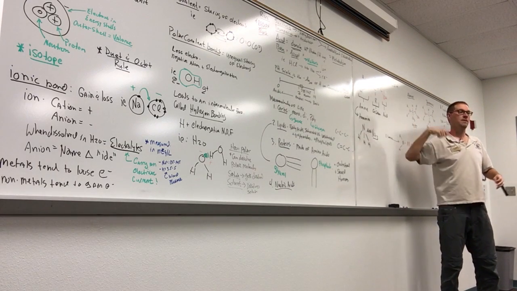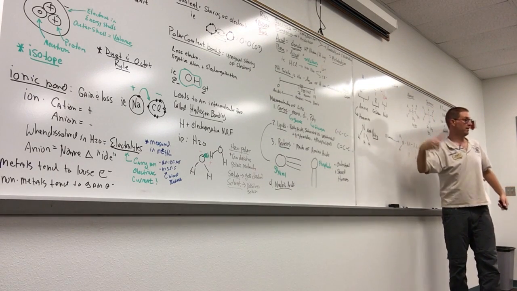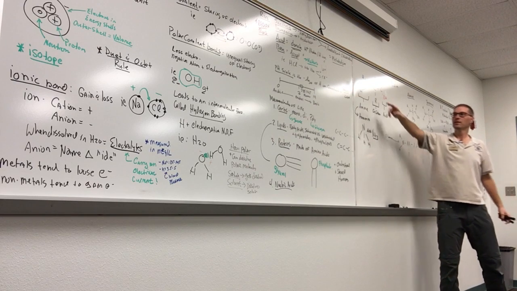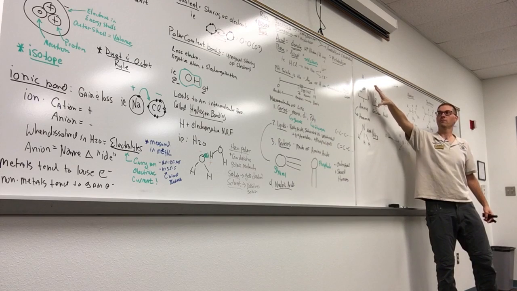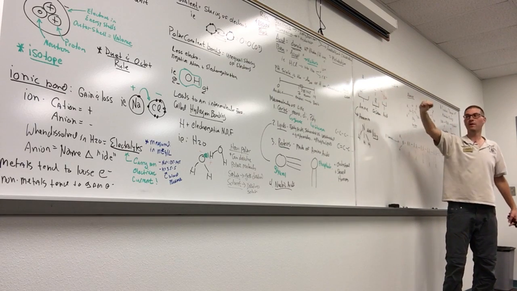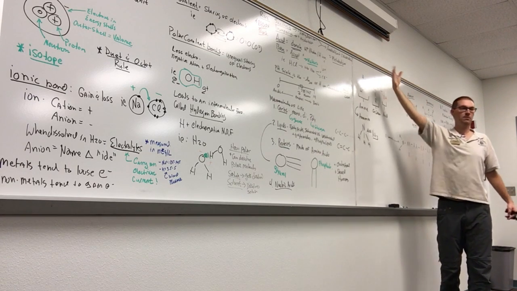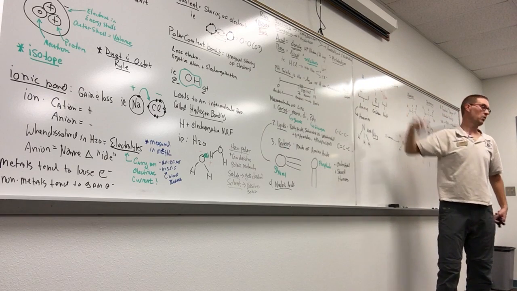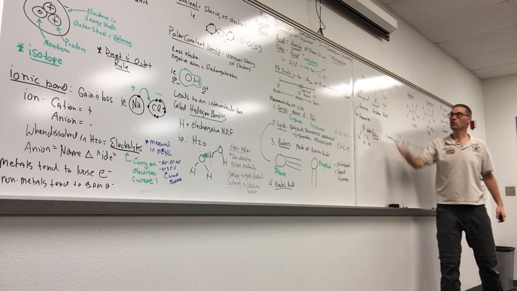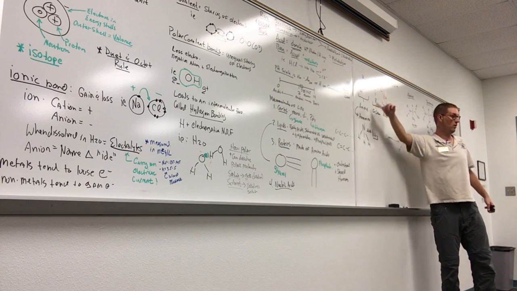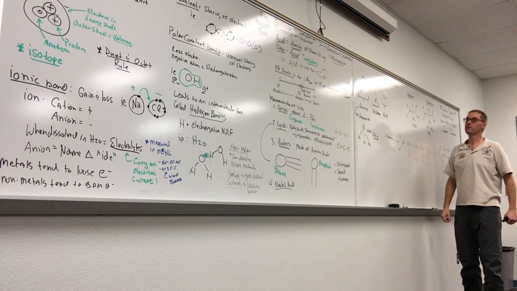Primary amines are metabolized very differently than secondary and tertiary because this end becomes less polar. Remember, nitrogen is fairly electronegative, but the more hydrogens I substitute for other atoms, it becomes a little less polar. So there you go. But you don't have to memorize that for this class. You do have to know the general structure of an amino acid, though. All right, you guys cool with that?